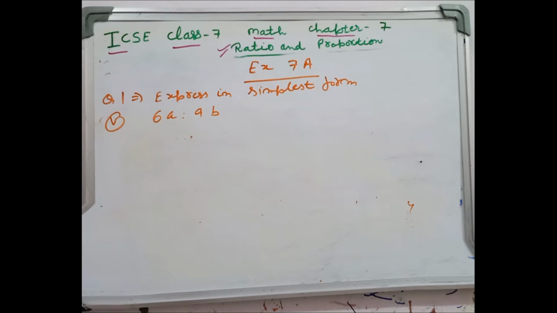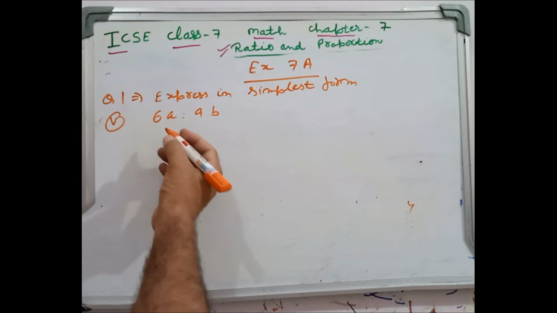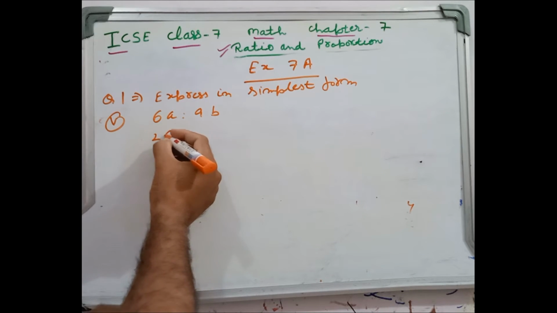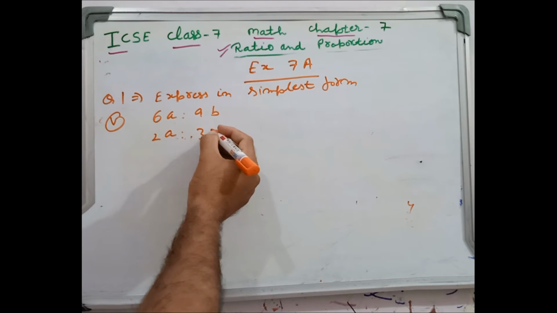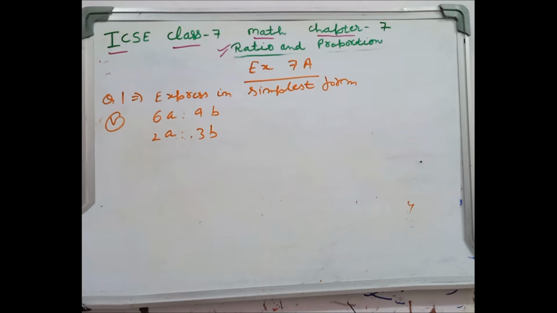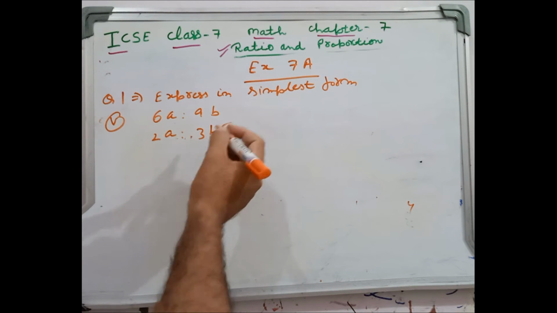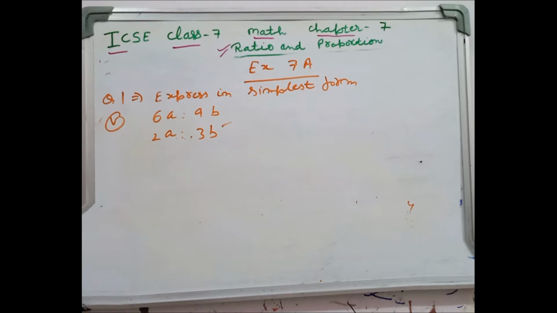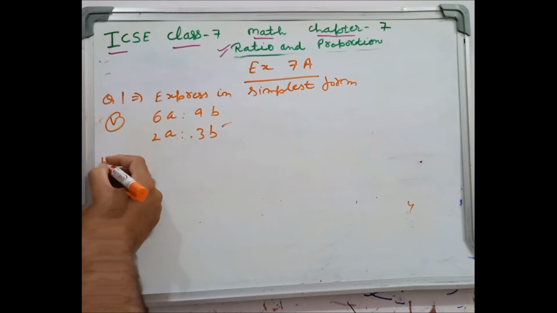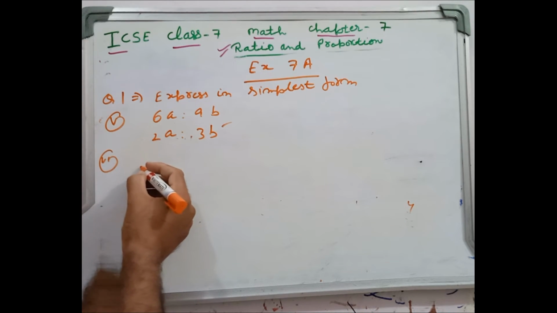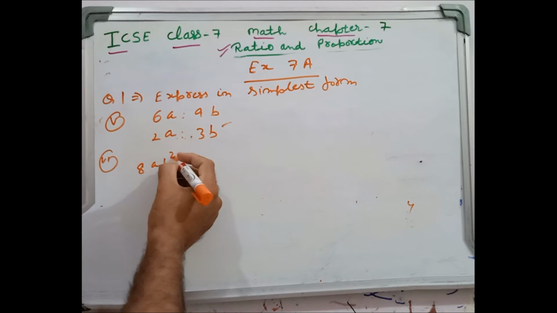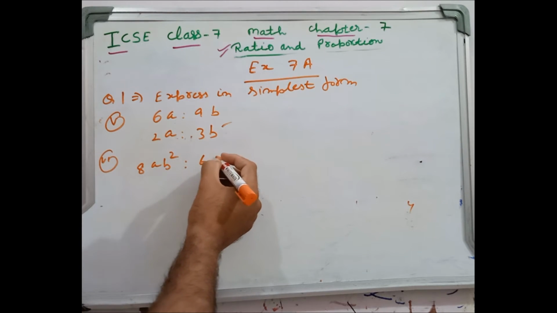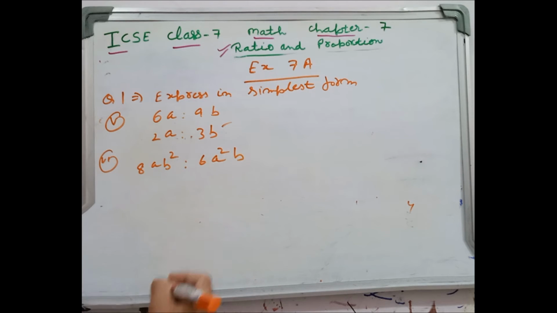So what are we going to do here? Simple. 3 2s are 6, 3 3s are 9. So our ratio will be 2a ratio 3b. Now sixth: 8ab square ratio 6a square b.